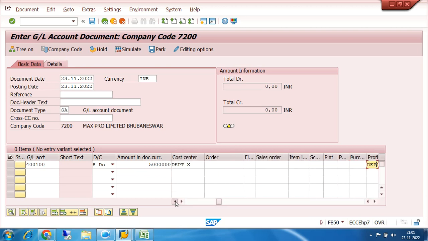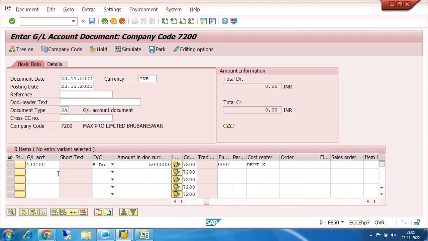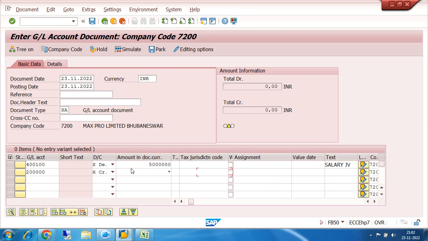So this is your requirement. Again, the credit item. Suppose credit is the bank account. Bank account is credited, and you are putting star, tax is plus, that's it. You don't have to choose the respective cost center, profit center, or business area. Why?